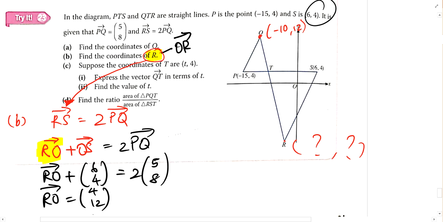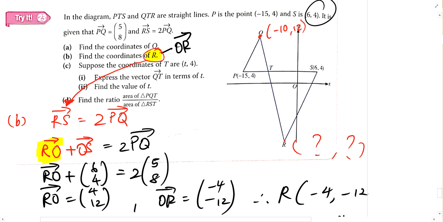This is RO. Can you now tell me what the coordinates of R are? Mentally, what is it? (-4, -12). Then look at your diagram. Does it make sense? (-4, -12). Yes, right. It looks like it is proportional. So my next step is OR equals (-4, -12). So R must be (-4, -12).